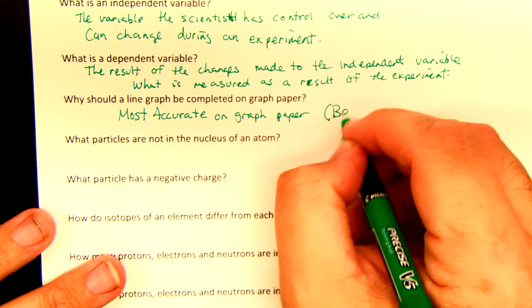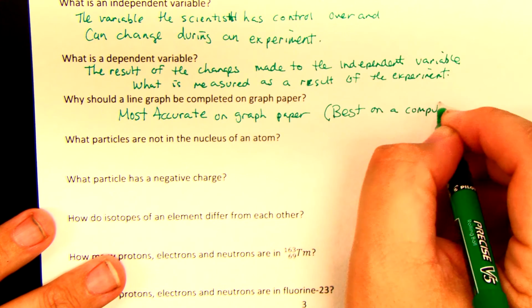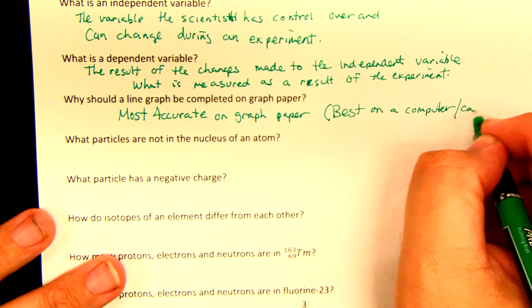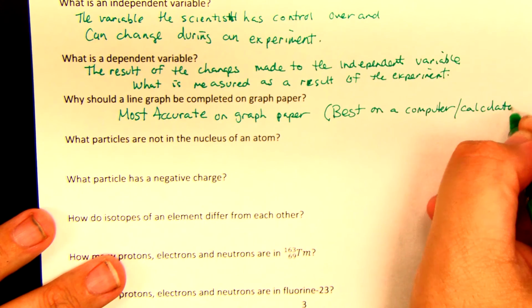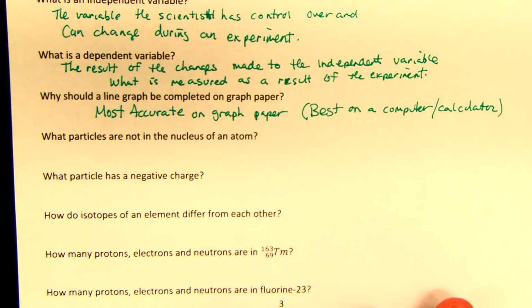It's best on a computer or a calculator, the calculator that can actually do it. And thankfully, ladies and gentlemen, we have the TI Inspires in here, which is nice for us because we can actually do line graphs and all that stuff on the calculator itself, which is awesome. So that's something that we would be able to do.